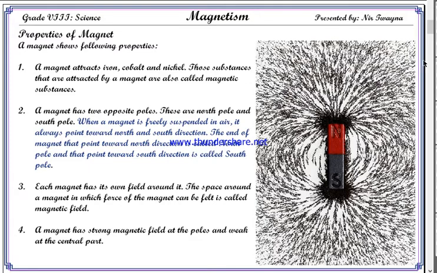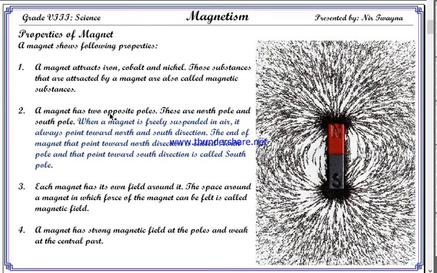Similarly, if you suspend a magnet freely in air, then it always points to north and south direction. The end of the magnet which points toward north direction is known as north pole, and the end which points toward south direction is known as south pole.